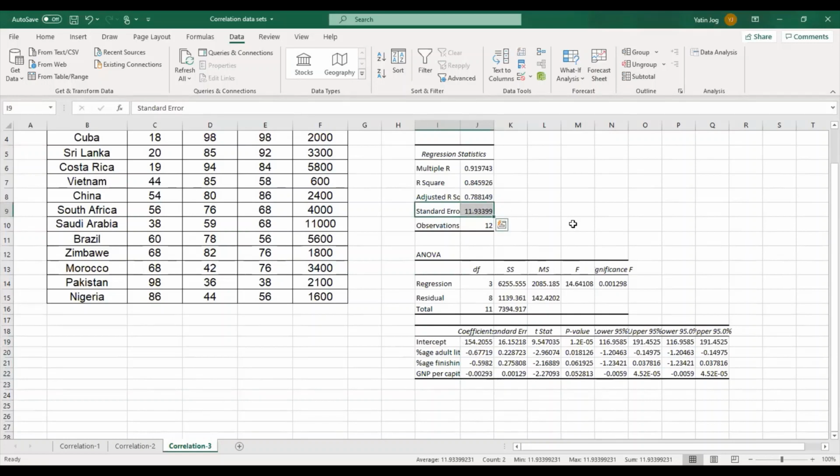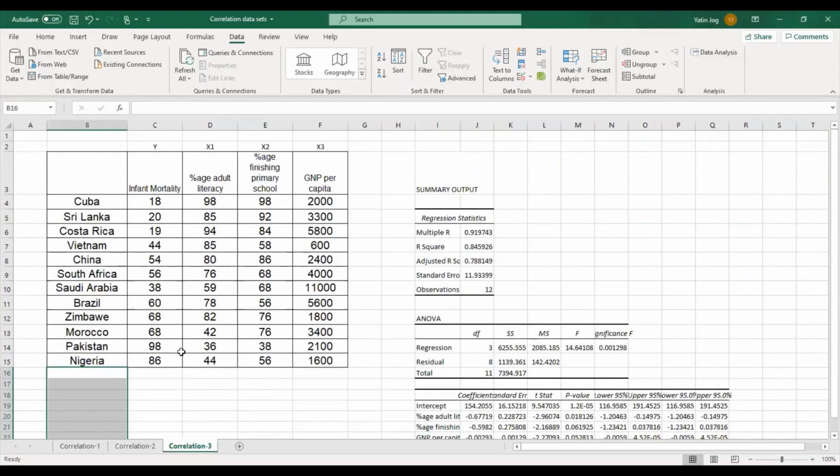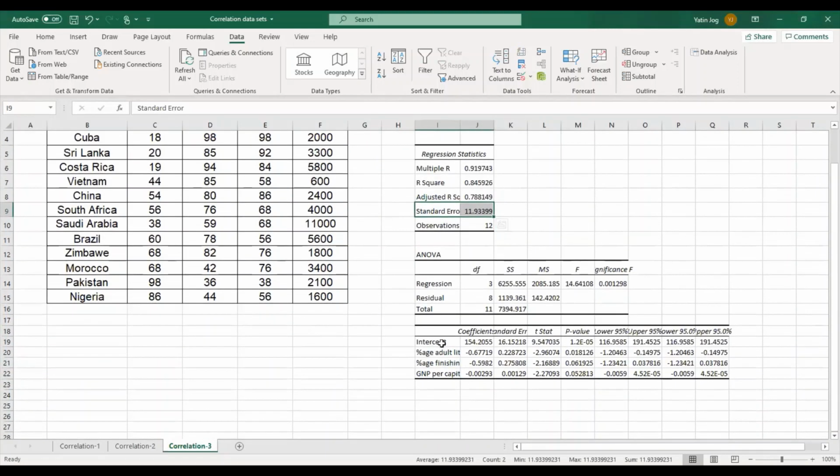So maybe I have to include more data points in my data model, or maybe more variables, if I want to go ahead with more accuracy in future. That is an indication that my basic assumption for my intercept value gives me the maximum standard error, which is close to the standard error of the complete data model. So that is all the analysis I can do.